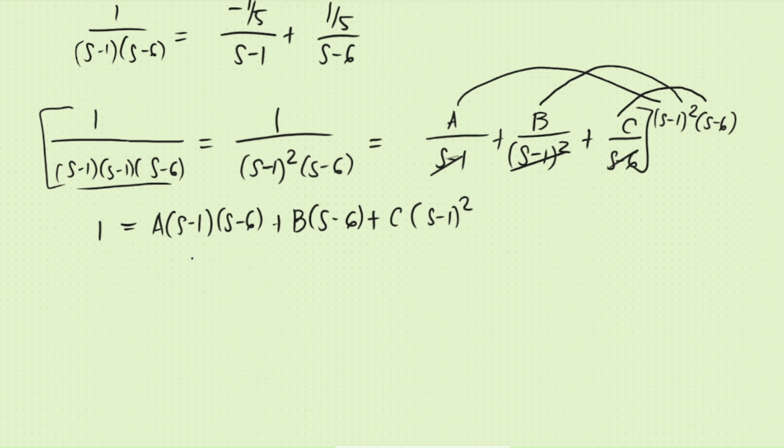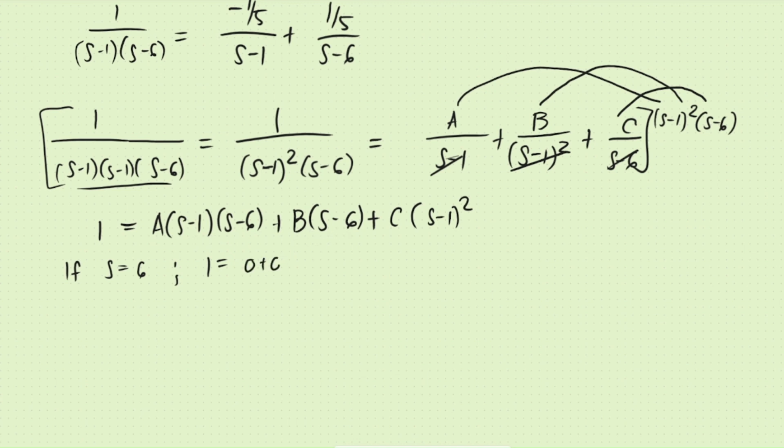So let's look for the values of a, b, and c by setting values for our s. So let's think of, say, s is equal to 6. I selected this one because I wanted this term and this term to be 0. So we'll look for c. 1 is equal to, this would be 0, and this would be 0.